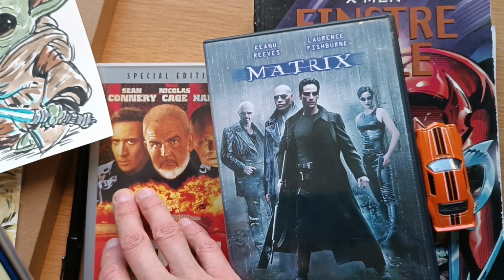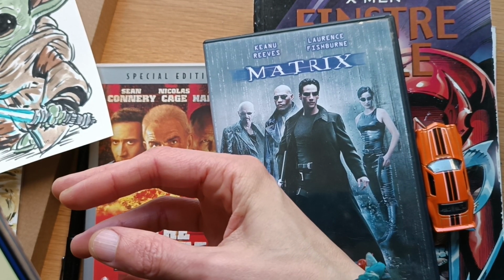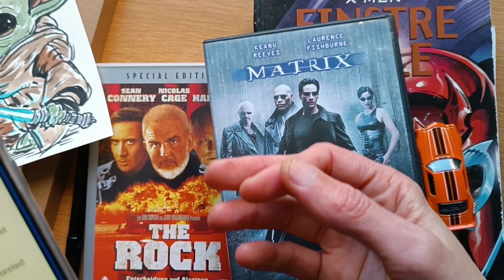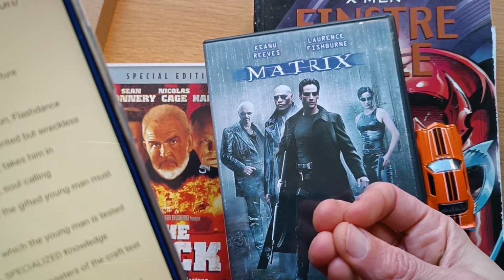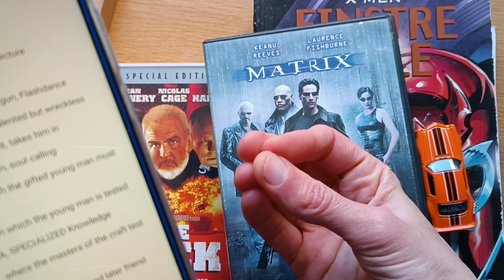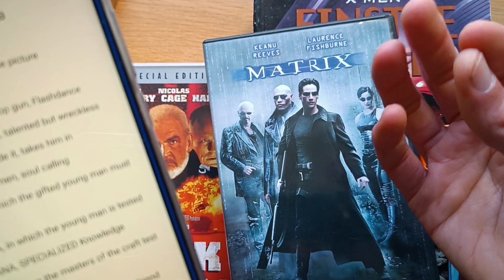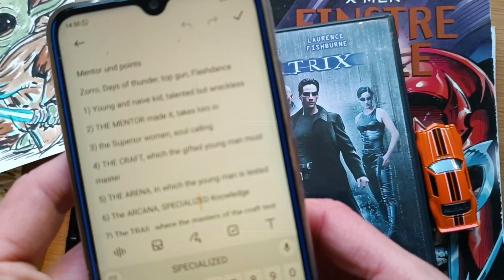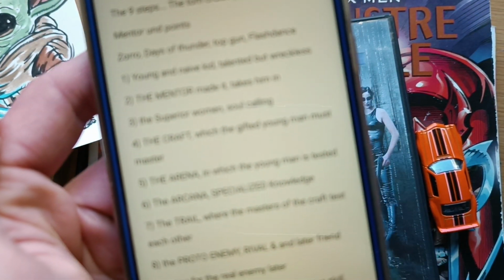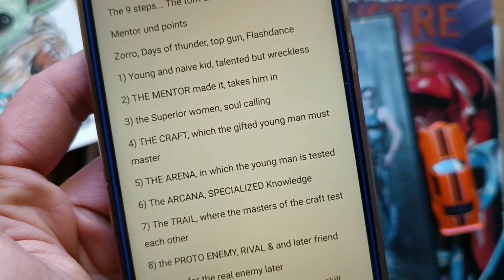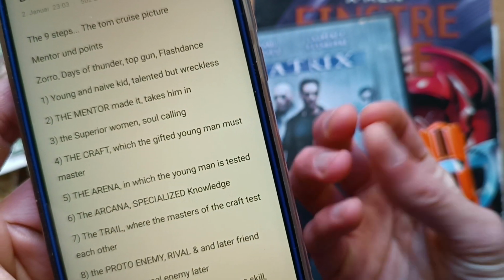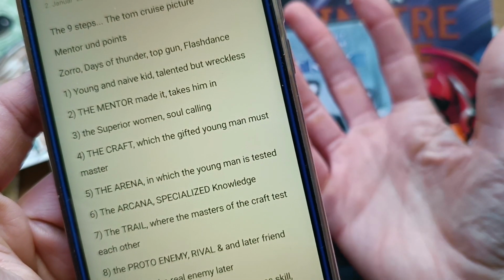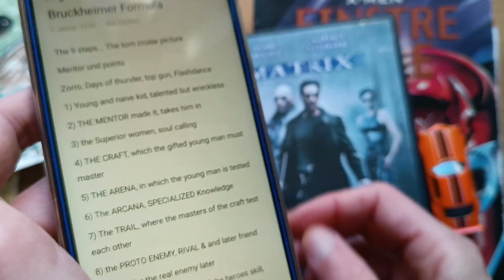So at the beginning of the story, while we go through the story, we learn the arcana, the specialized knowledge, the thing that allows us to master the game. And what I'm telling you right now is also kind of the arcana. I'm telling you knowledge that I know so you may succeed.